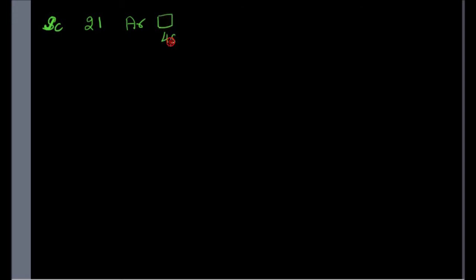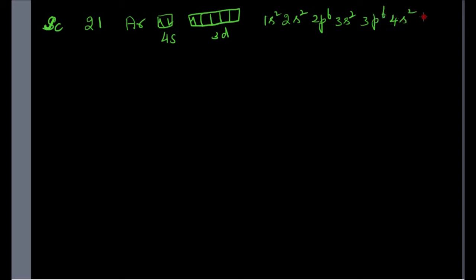Then you have 4s with 2 electrons, and then for representing 3d, I will write 5 continuous boxes to show the 5 orbitals of equal energy. So the 21st electron of scandium will be here. The configuration will be 1s2, 2s2, 2p6, 3s2, 3p6, 4s2, 3d1.